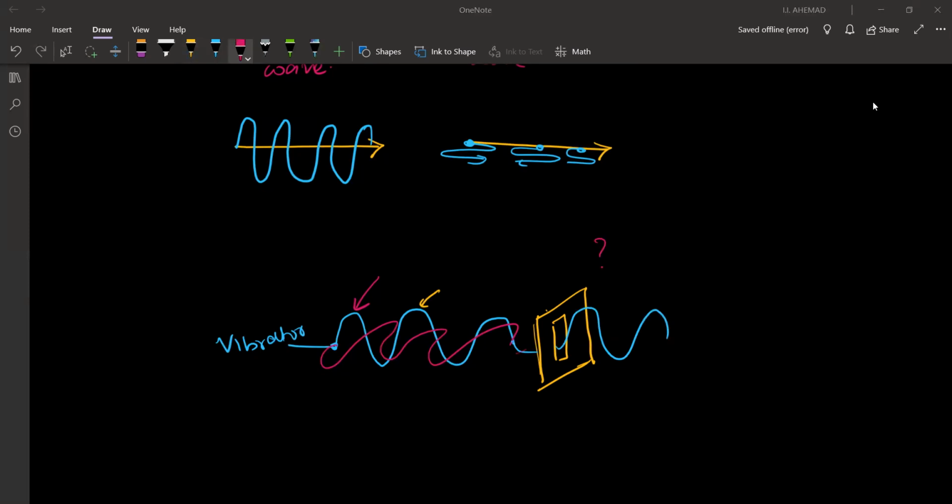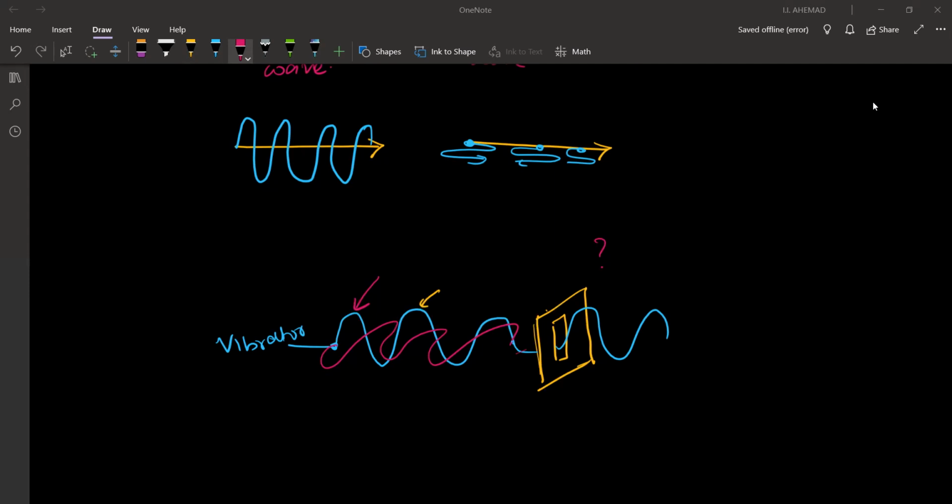So what we have done is we have filtered out the direction of wave which we need from all the other directions, other planes. So we call this one plane and this another plane. Here we have filtered out a specific plane from the other planes. So that is called polarization. Filtering out a specific plane, we call it polarization.